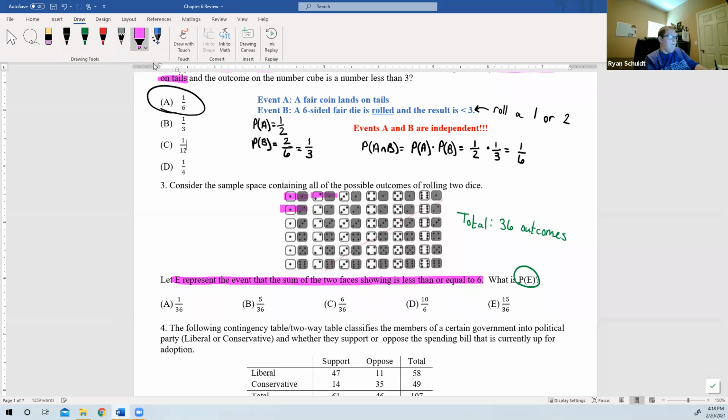Those 2 go. Those go. Now we're up to 5. And now we go up to 6. And if I try the next diagonal, I'm up to 7. I've gone too far. You done messed up now, Aaron.